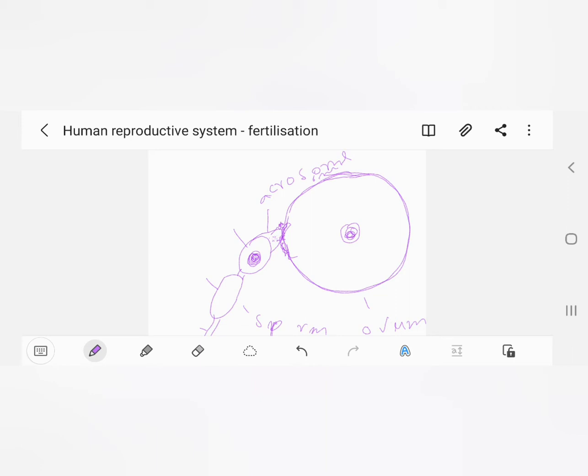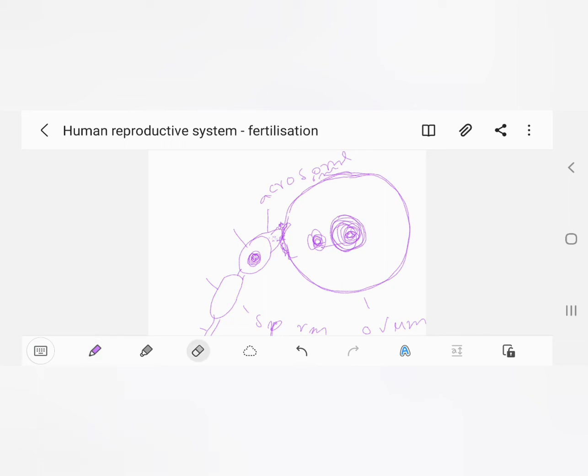The nucleus present in the head, which is haploid containing 23 chromosomes, will enter the ovum. The haploid nucleus with the same number of chromosomes present inside the ovum and the nucleus which has entered both fuse together, forming a single nucleus with 46 chromosomes.